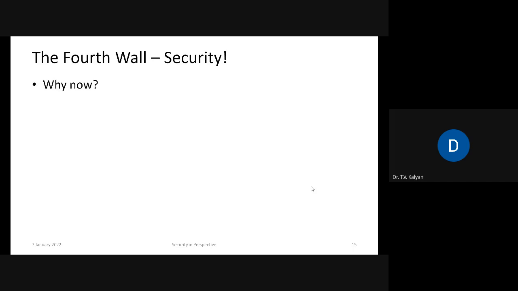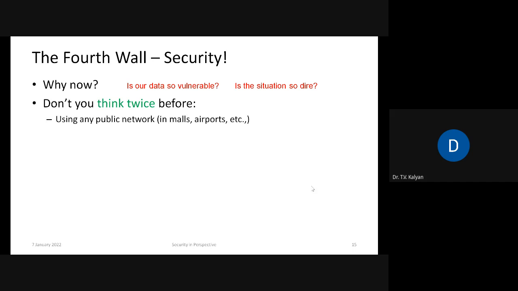Why is it important now? The questions are: is our data vulnerable? Is the situation so bad that we need to consider security? We do consider security in our day-to-day activities. We think twice before using any publicly available Wi-Fi network, for example in malls or airports.